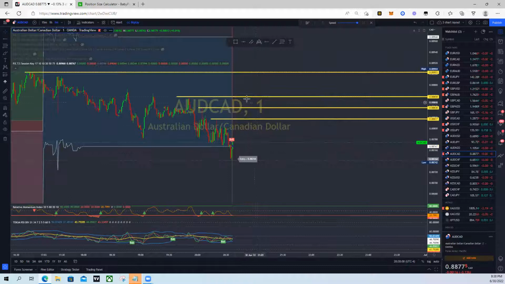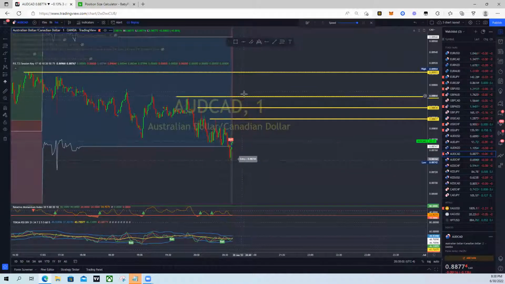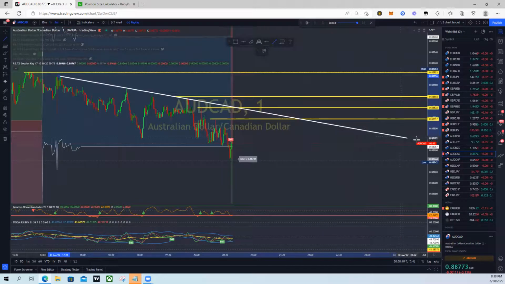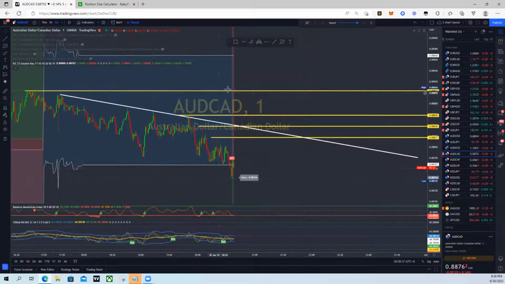If it breaks both of these and starts breaking above this yellow line, I need to start paying attention to what's going on because market structure is starting to be broken. If it breaks this yellow line, I really need to be worried. I still am in the sale. I might be in about 10 pips, 10 pips in drawdown, but as long as I'm still not above the zone, I'm still in the clear though, right?